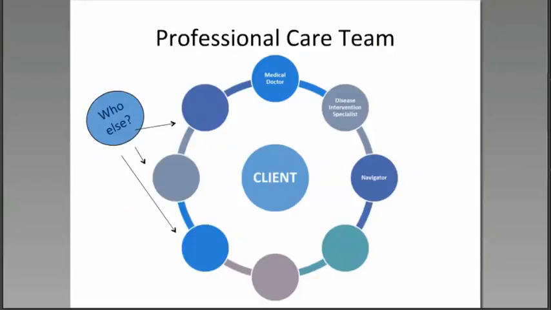And this is just an example of what a professional care team might look like for a particular client. Remember that every single team is going to look very different for clients.